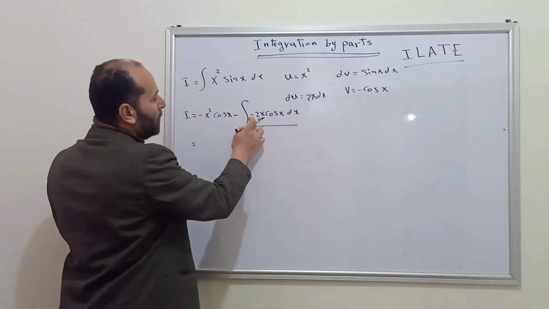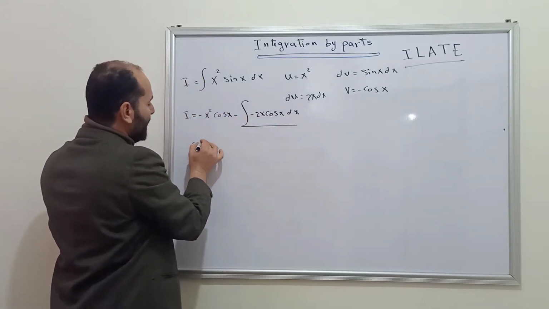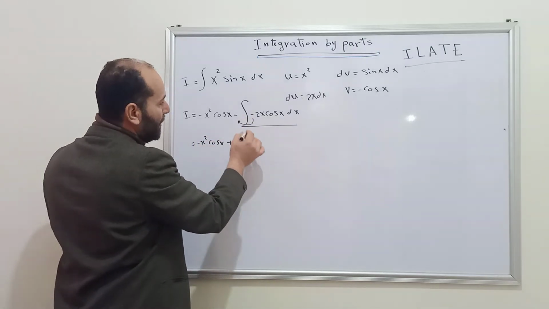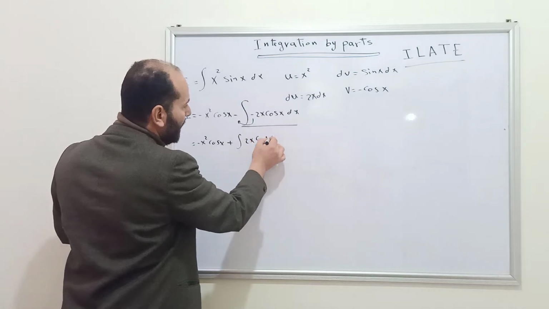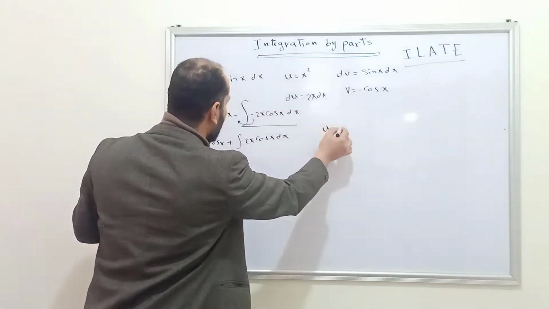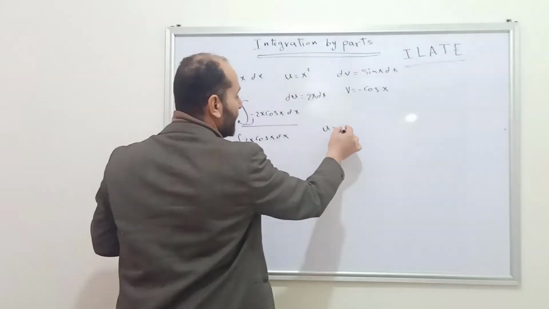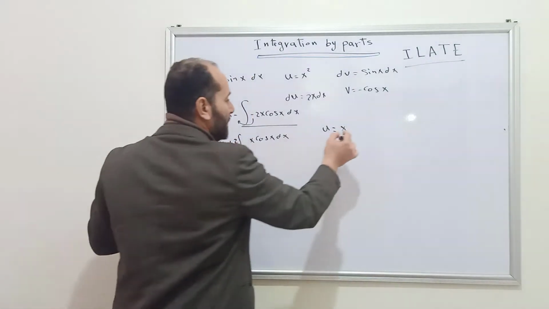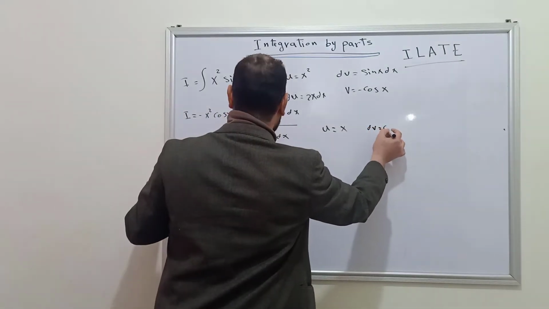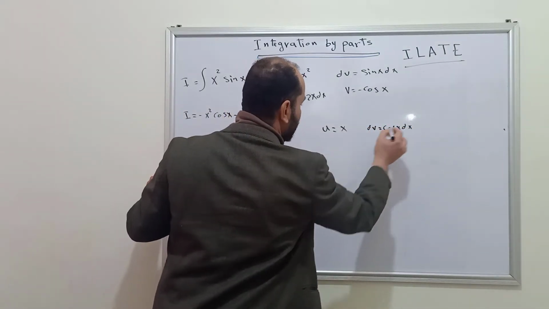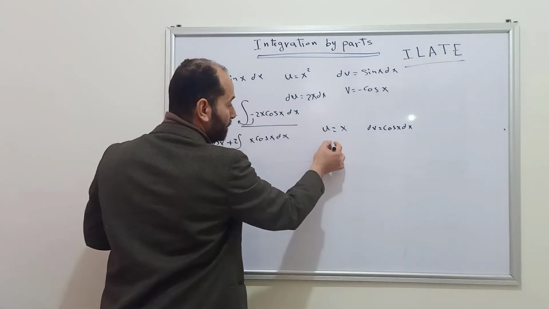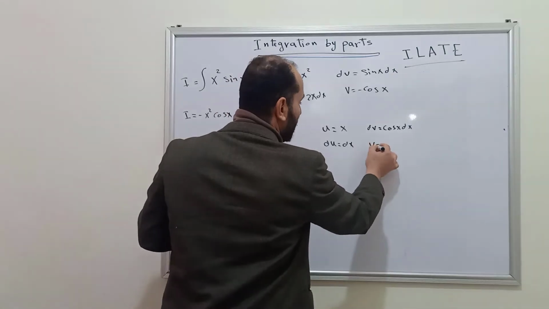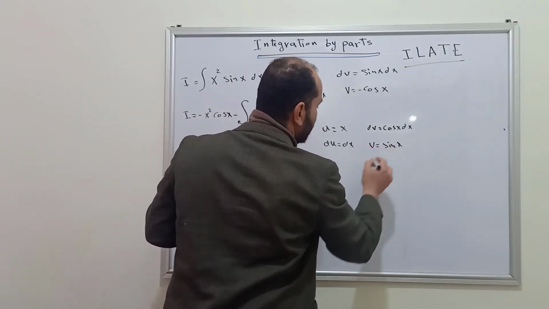So we have negative x squared cosine x plus integration 2x cosine x dx. u equals x, keeping the 2 outside, and dv equals cosine x dx. du equals dx, and v equals sine x.